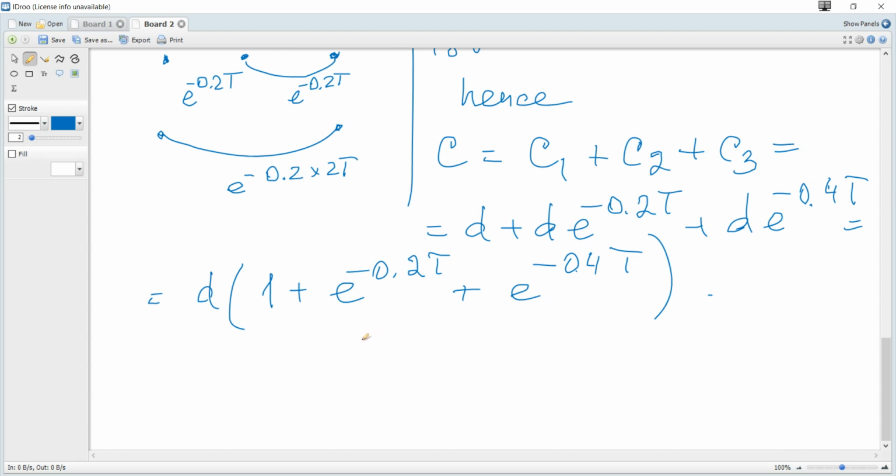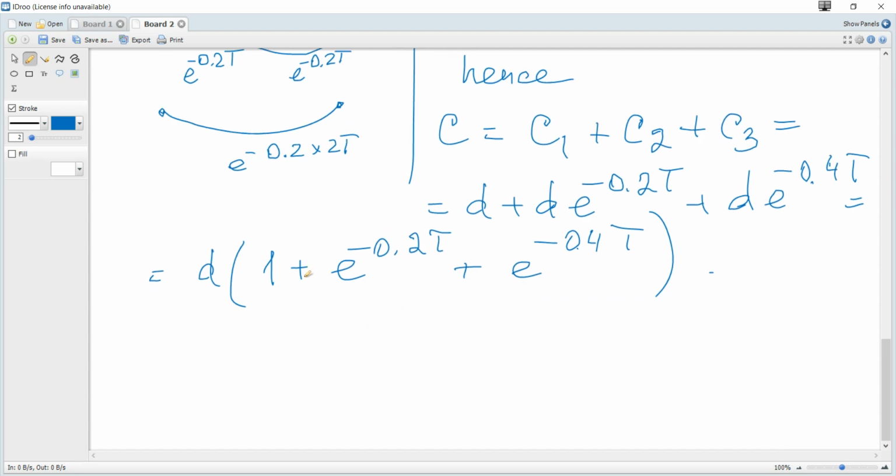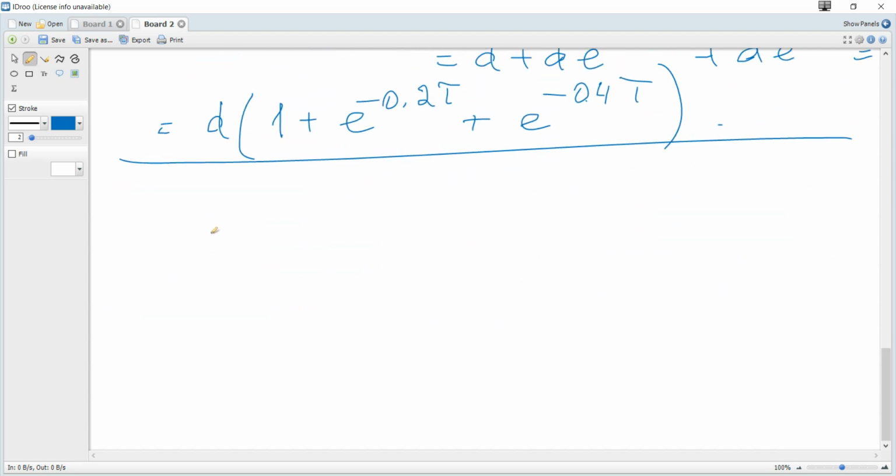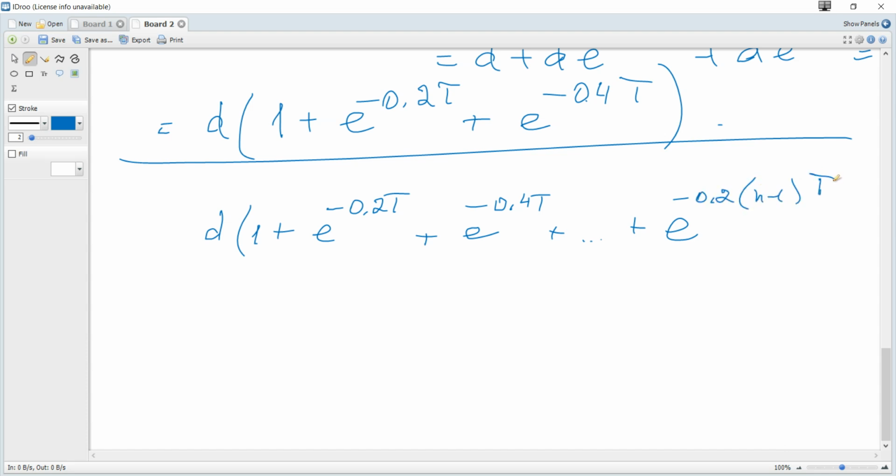Immediately after the nth dose is given, the concentration of the drug is D(1 + e^(-0.2T) + e^(-0.4T) + ... + e^(-0.2(n-1)T)).